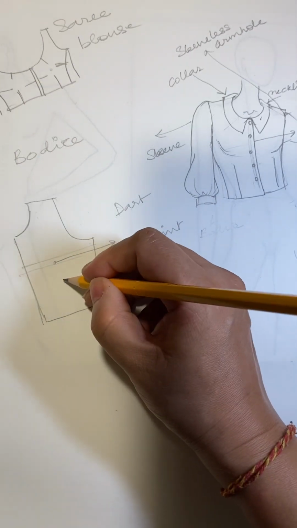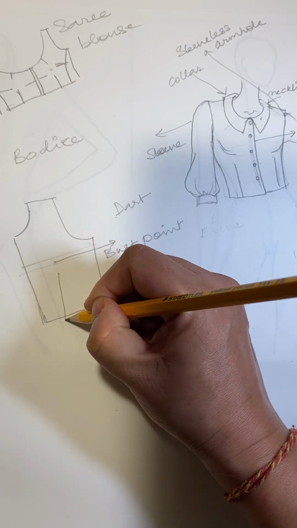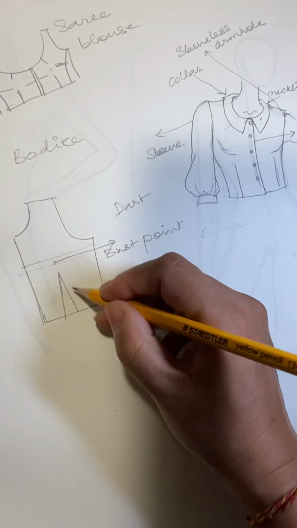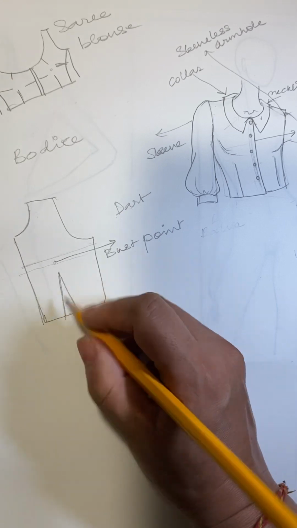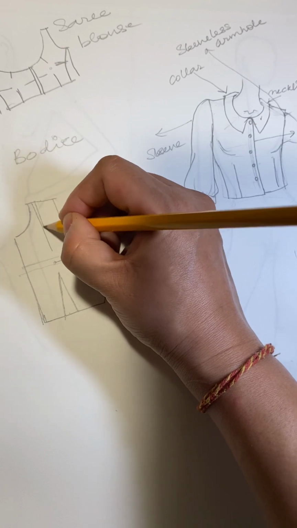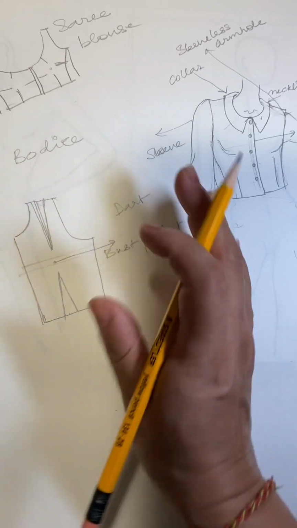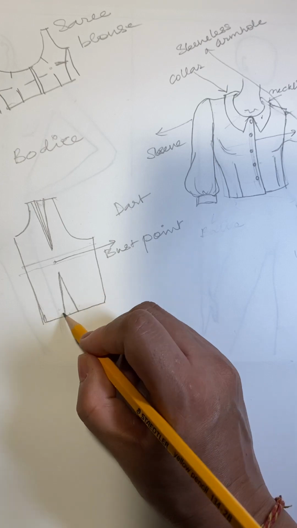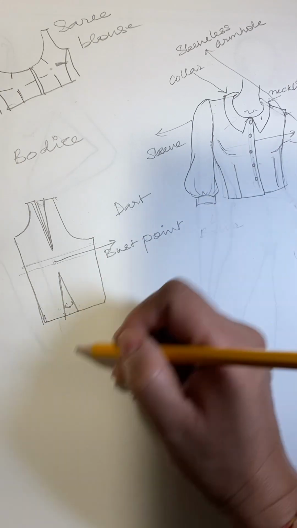In a basic bodice block, to give it shape, we have a dart here. If we pinch this in and close it, we get a shaped bodice. A dart suggests you close this and it becomes more fitted.